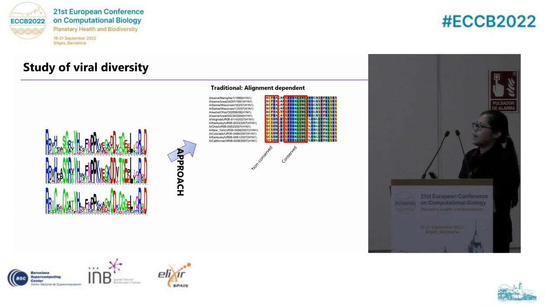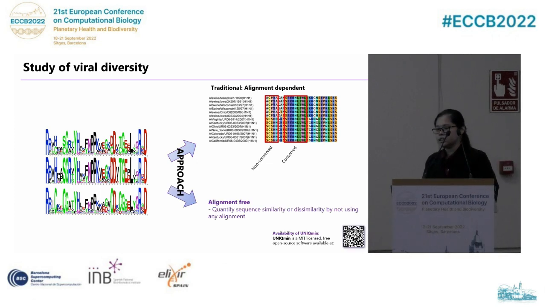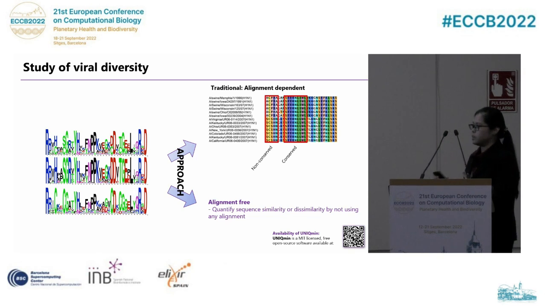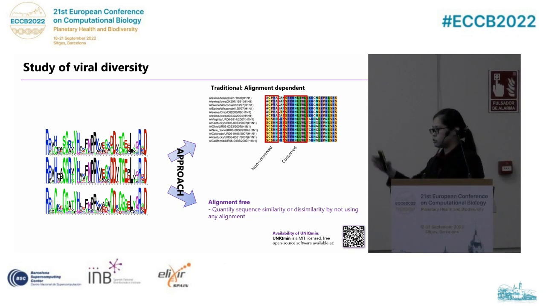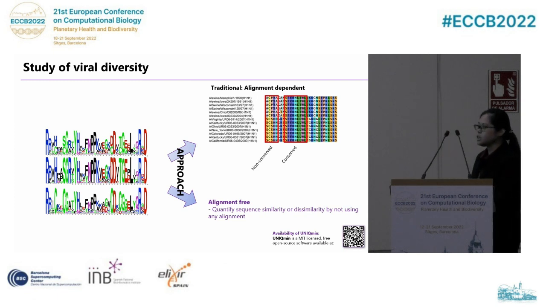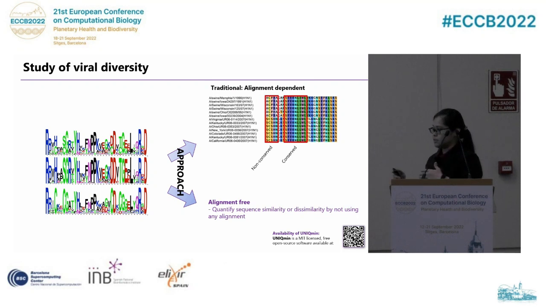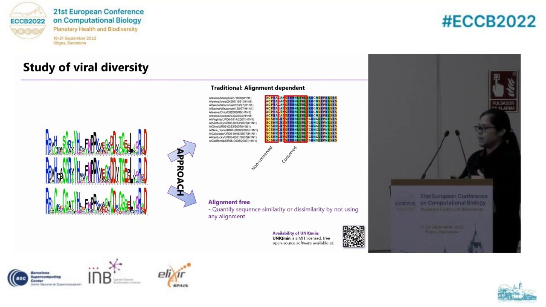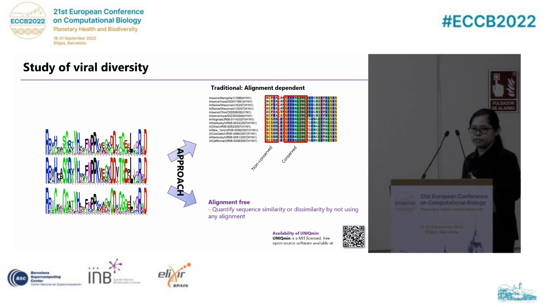So that's why we need an alternative alignment-free approach. Towards this, we try to develop an alignment-free tool, UniqueMer, and it is accessible through this QR code. UniqueMer performs an exhaustive search through the protein sequences database, and then tries to generate the minimal set.